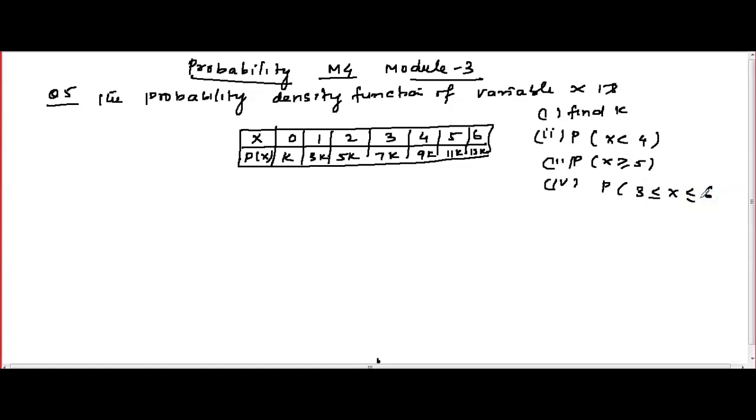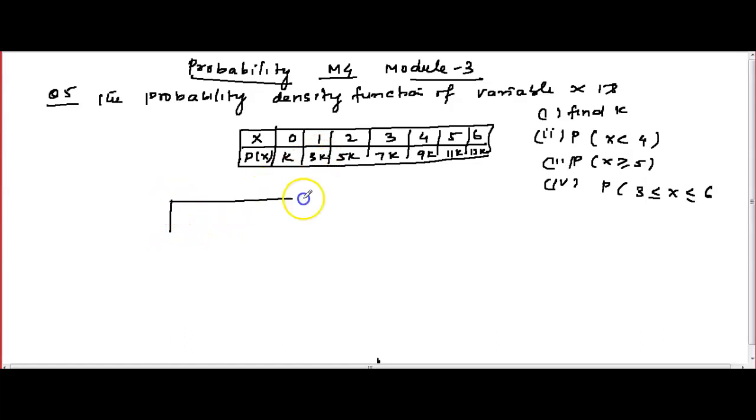This is called a discrete probability distribution. Discrete probability distribution means they give some particular values of x and the respective probabilities. Let's first consider the basics, then we'll understand.